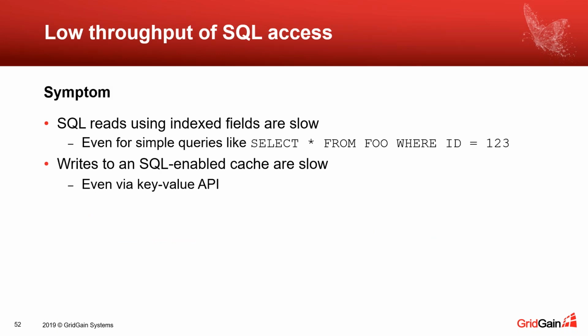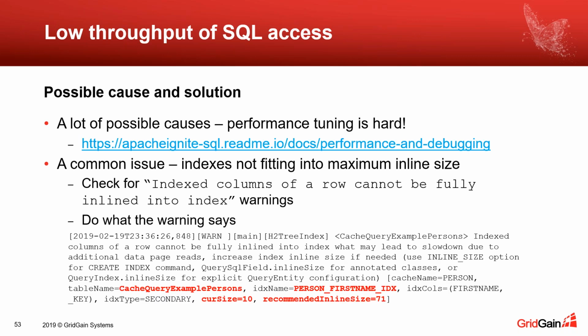And the final issue that I'd like to highlight is low throughput of SQL access. And this is a really giant topic, of course, tuning SQL. But one issue is very, very common, and this is an issue that is related to indexes. A common cause for low SQL performance is that inline size for the indexes is too low.